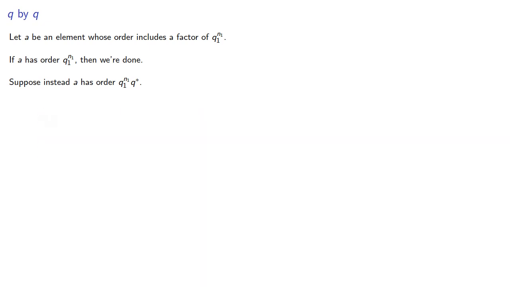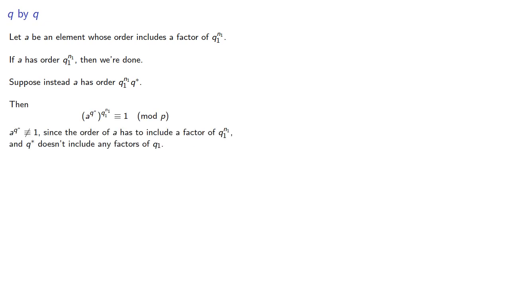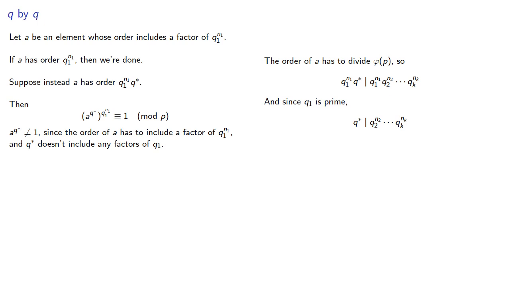So I can regroup that exponent, and note that a to the q star can't be congruent to 1, since the order of a has to divide phi of p, which means that q1 to the n1 times q star has to divide this product of powers of primes, and since q1 is prime, that means q1 to the n1 has to divide q1 to the n1, and so q star has to divide the rest, and we can't have any factors of q1.